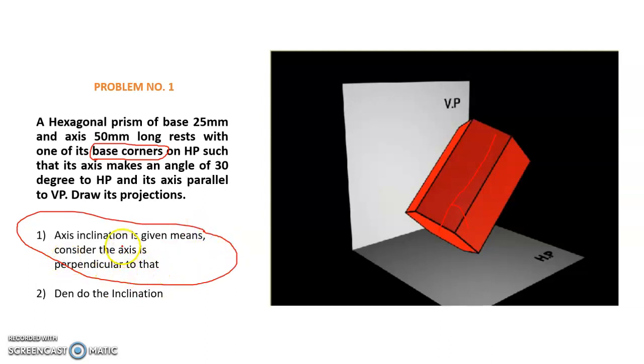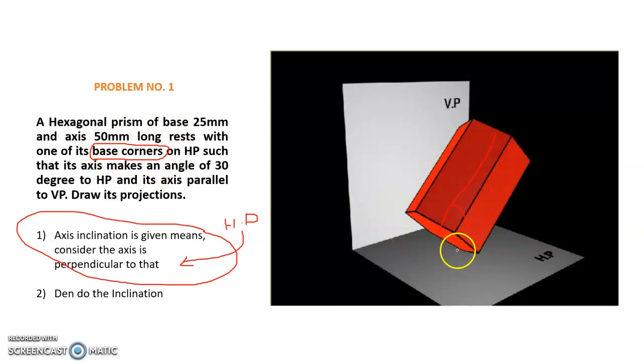That means the axis inclination is given with respect to HP, right? Now we have to consider the axis as perpendicular to HP. Axis perpendicular to HP means in the top view you will get the hexagon, and in the front view you will get the triangle. It is resting on one of its corners.